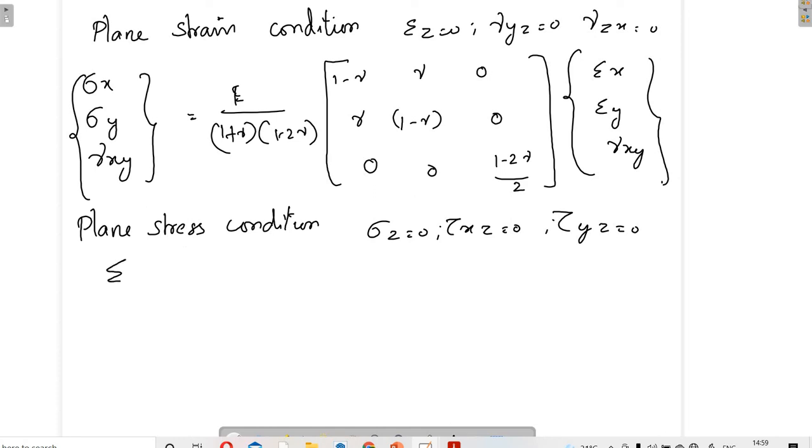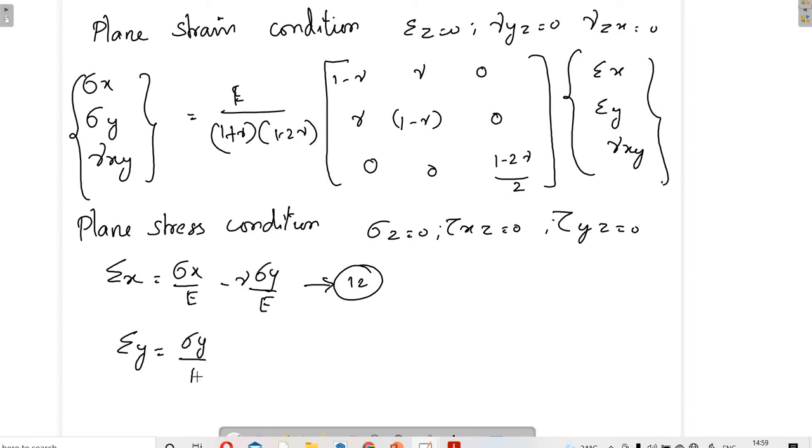For this we consider the epsilon x equation without sigma z. So sigma x by E minus nu into sigma y by E. So these two terms only are available. I am giving this equation number 12. Epsilon y is equal to sigma y by E minus nu into sigma x by E. So keep this as equation number 13.